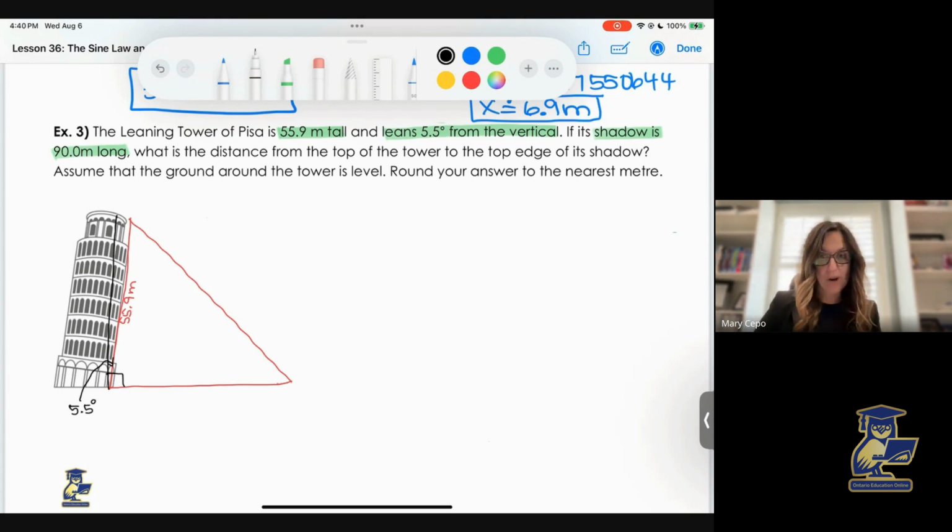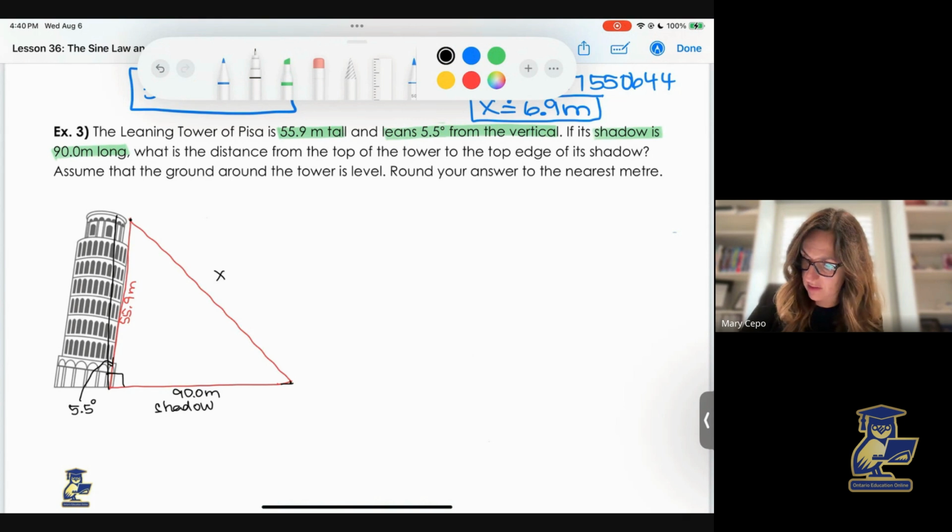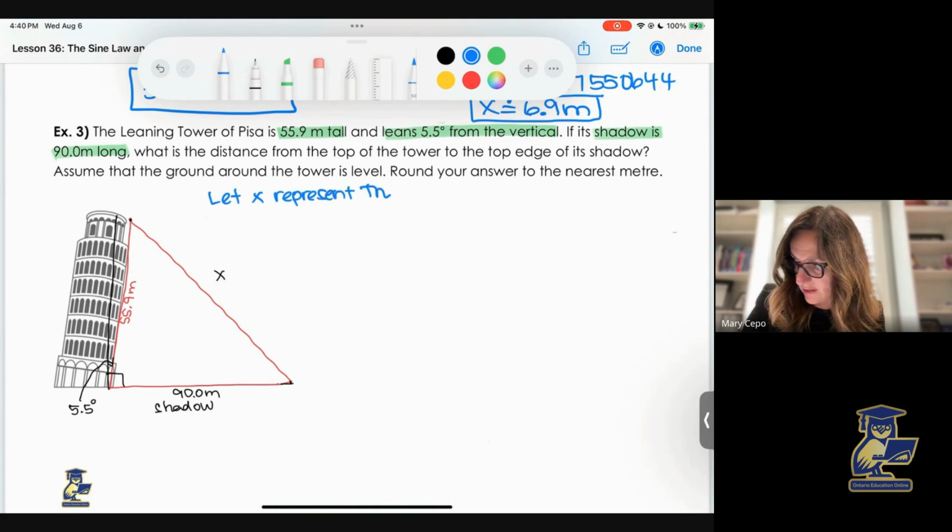Well, if at one point the tower was actually perpendicular to the ground, we know that would form a 90-degree angle. So the angle inside this triangle, we know this would be the shadow, which we said was 90 meters long. We need to know the distance from the tip to the tip of the shadow. This is my x. So I'm going to say, let x represent the distance, because that's our unknown, right?